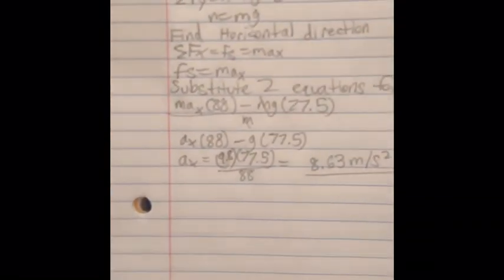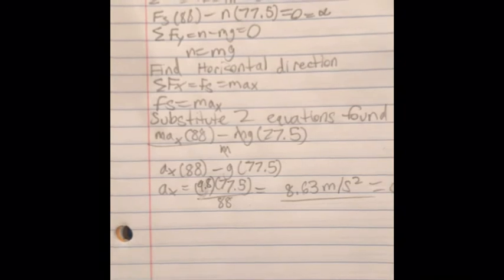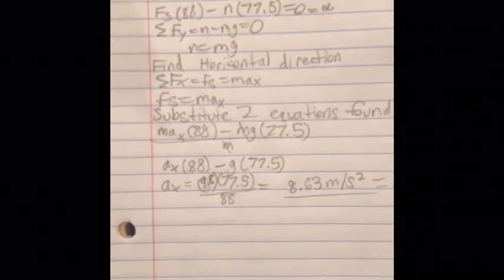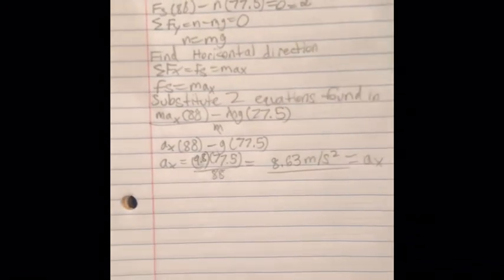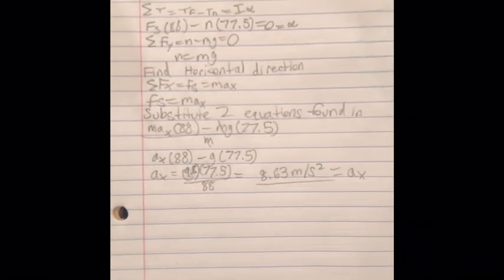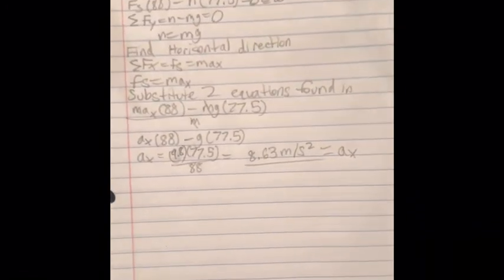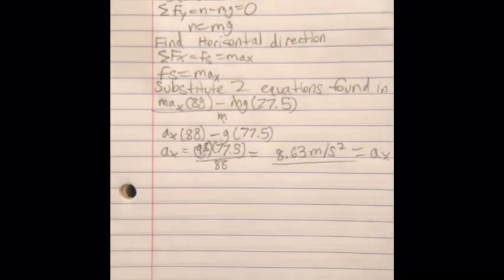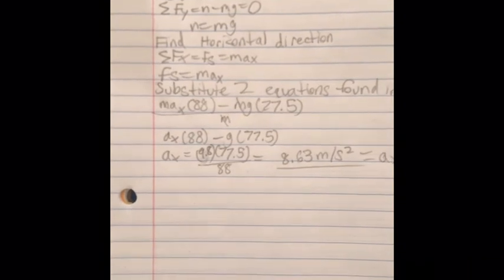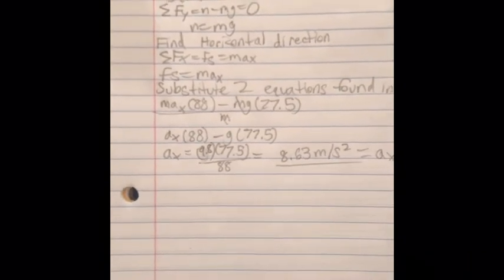So I did the force in the y direction: normal force minus the force of gravity equals 0. So then N equals mg, and then I find the horizontal force. The only horizontal force was the static friction.